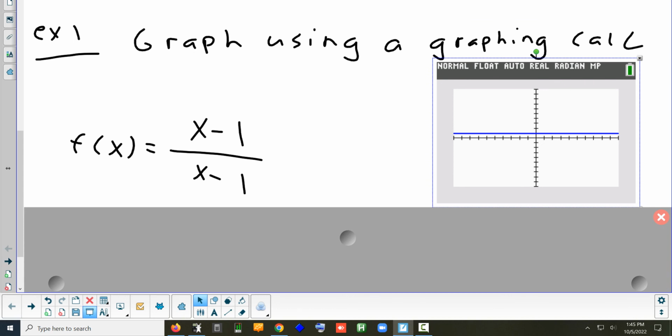Not quite. There's a hole in that graph. And the way you would show the hole at 1 is like that. The calculator can't do this, but there should be a circle showing there's a hole right there. That's what that graph looks like.